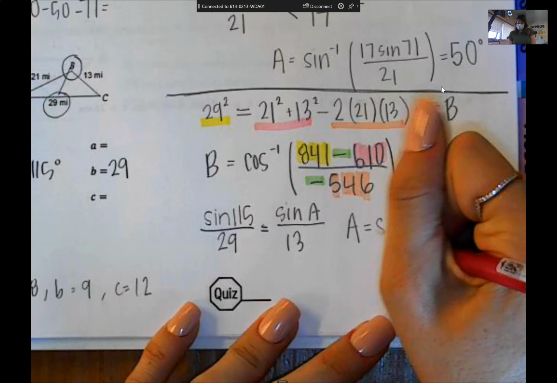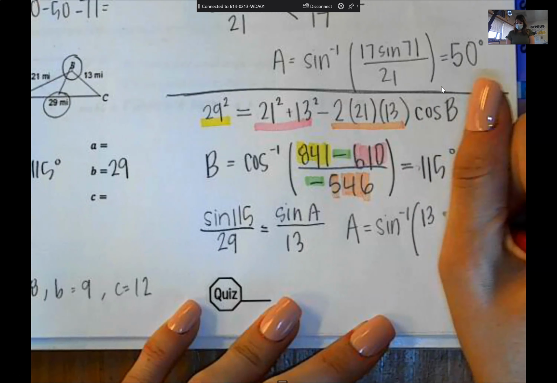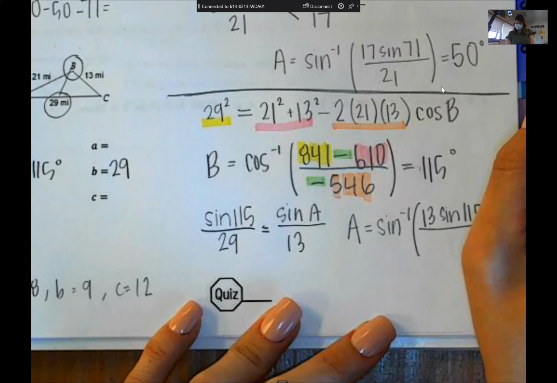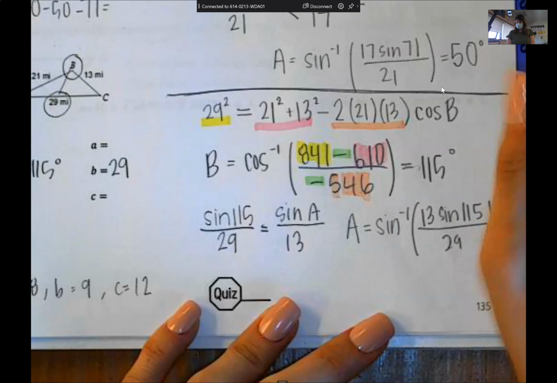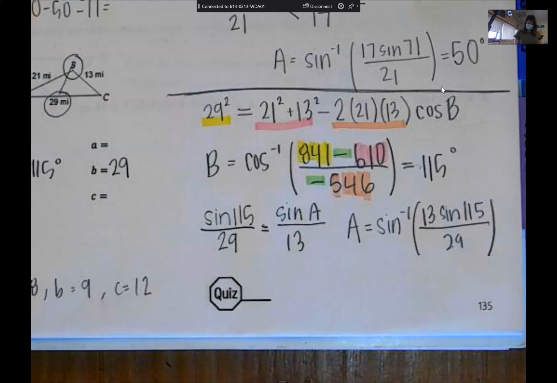13 matches angle A, so that means we're doing sine A. Angle A then is sine inverse 13 sine 115 over 29. Uh-oh. It should be a positive number.